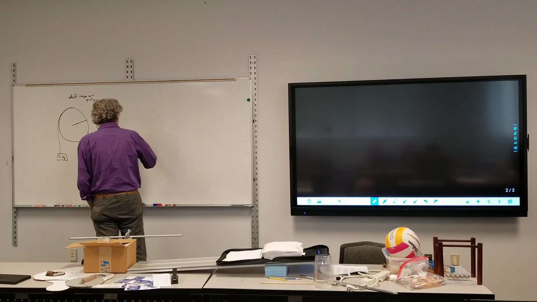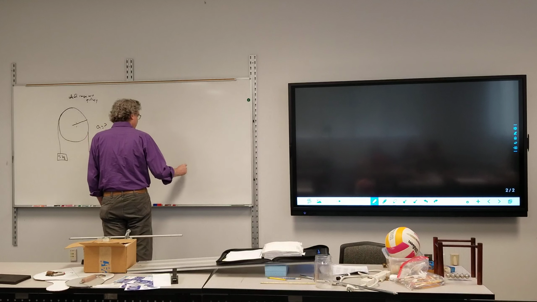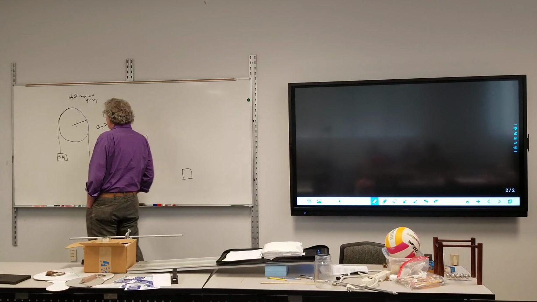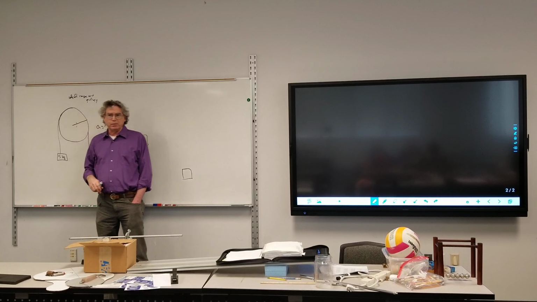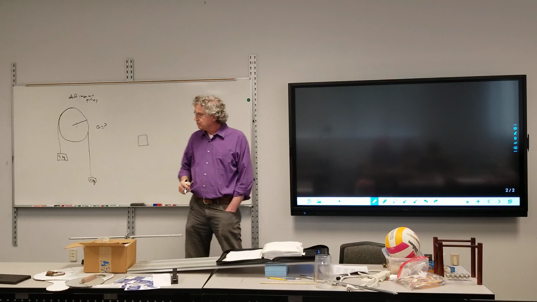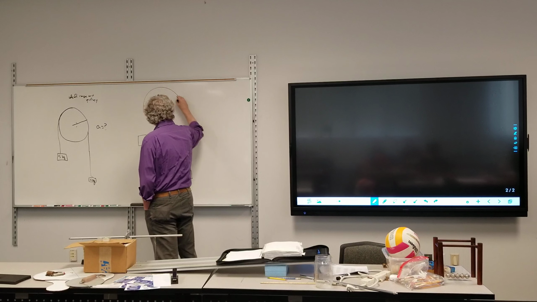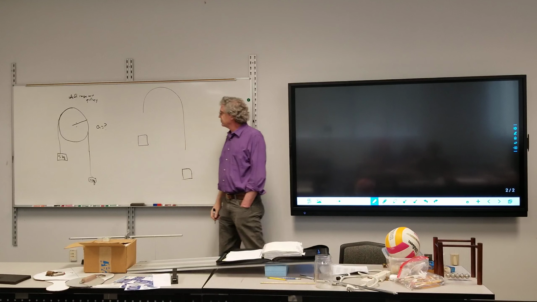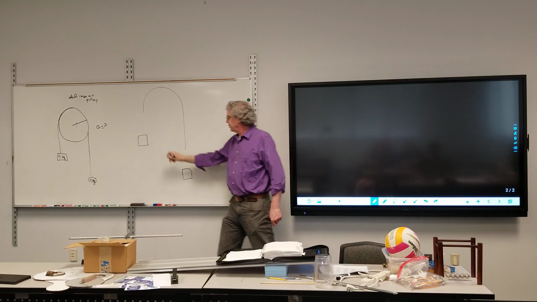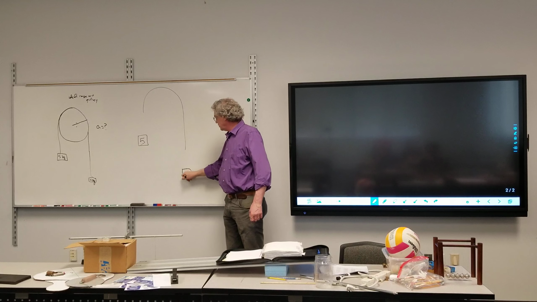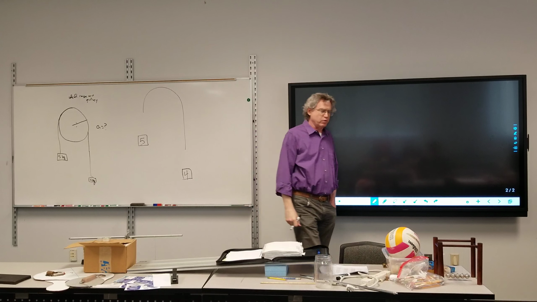We'll just start out with a force diagram. Do assume that something is holding the pulley up. That's the 5, and that is the 4. All right, what are the forces?